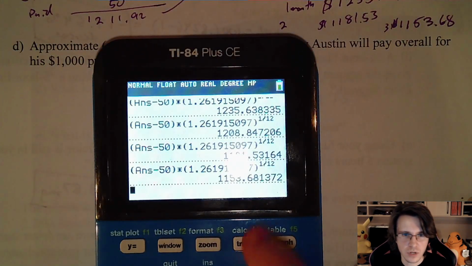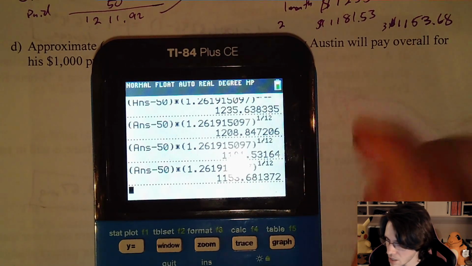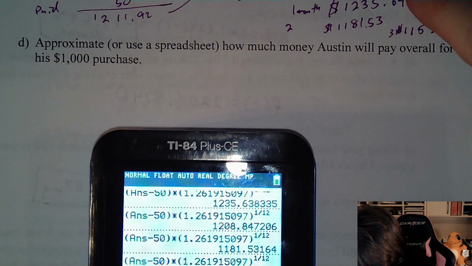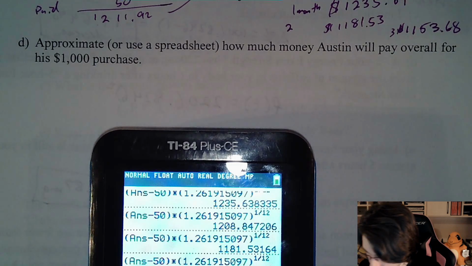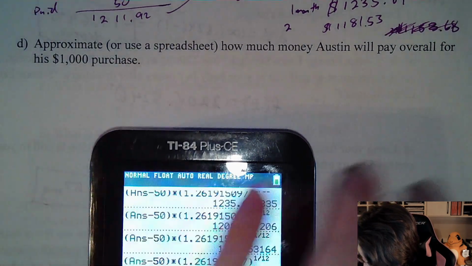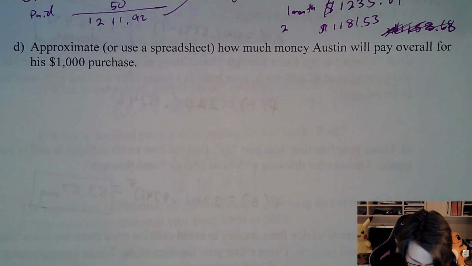So if you notice what I did is I plugged that in, minus 50. That's after, looks like this was after 1 payment. Oh, this was after 2 payments. Whoops, actually I did it too many times. The correct number here was 1235 was right.